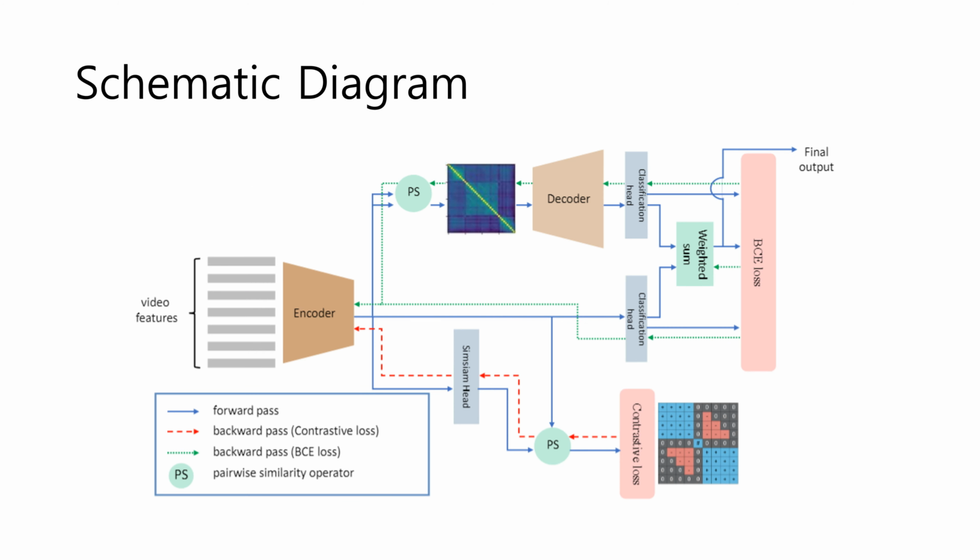With this auxiliary loss term, our network's schematic diagram looks like this. This SimSiam head and the stop gradient operation in this path here is strongly inspired by the SimSiam paper.